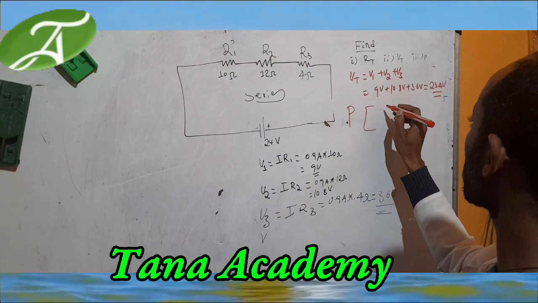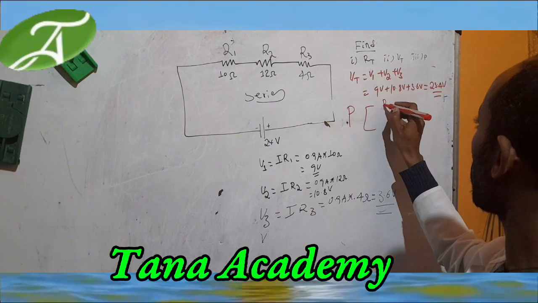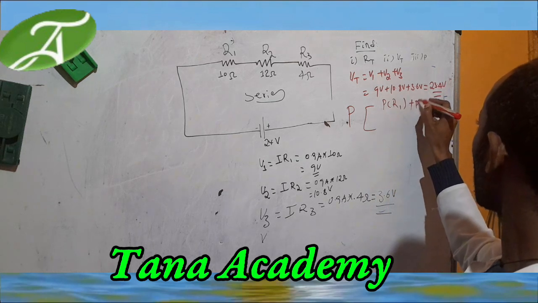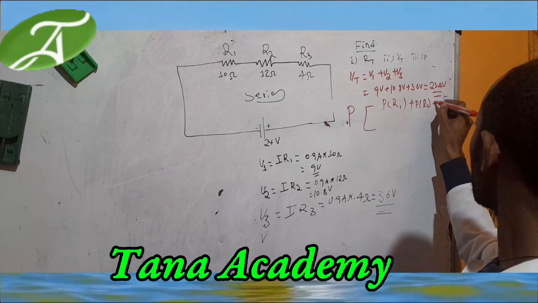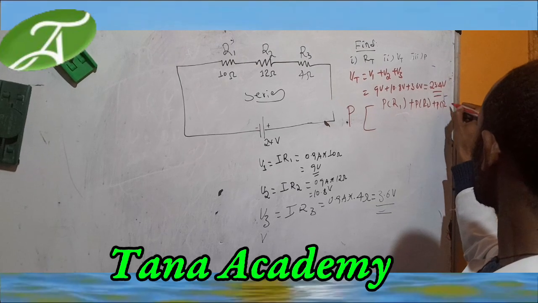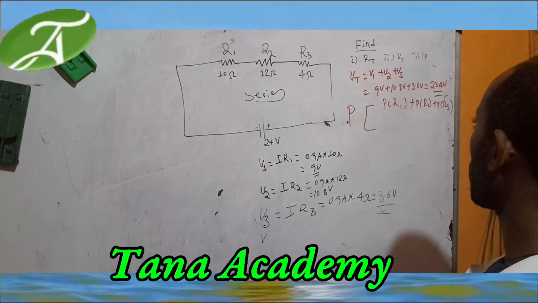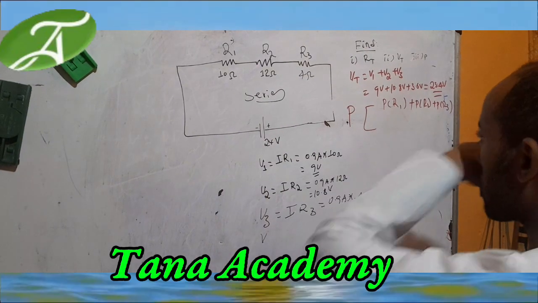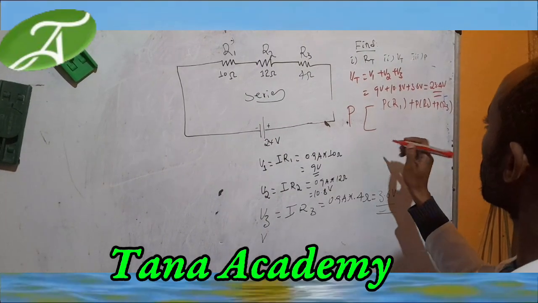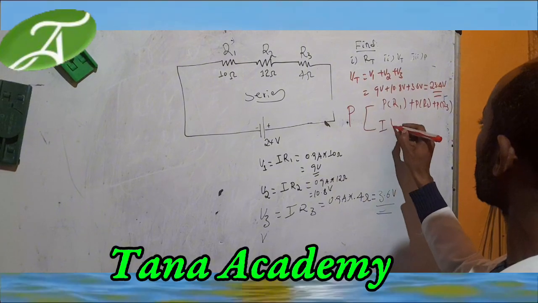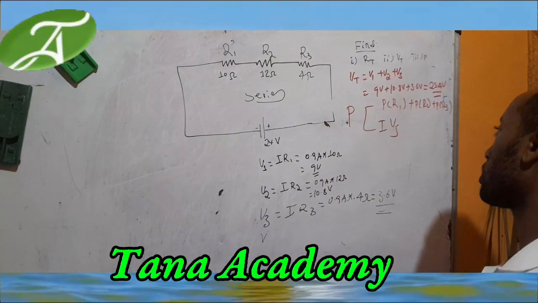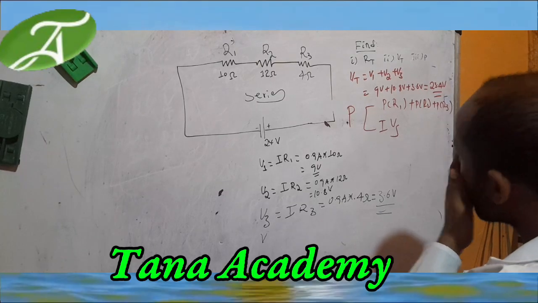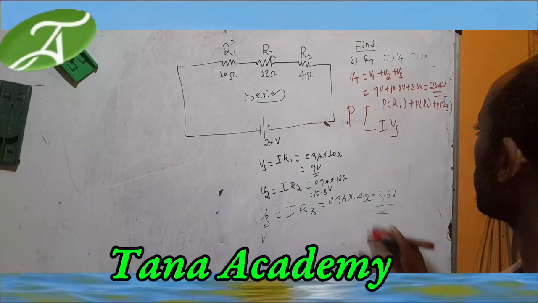That means power at R1, power at R2 plus power at R3, which is the electrical energy converted at R1, R2, R3. Okay. While source power is I times source voltage, because current is constant.